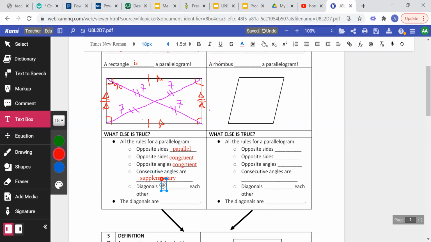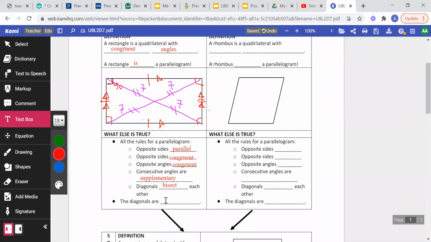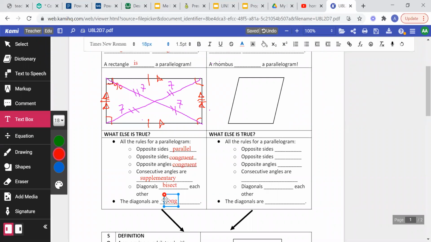As you can see, half of these pairs of diagonals are 7, 7. So if you put the whole diagonal together, it's going to be 14, 14, okay? So the diagonals bisect each other. And the diagonals are also congruent.